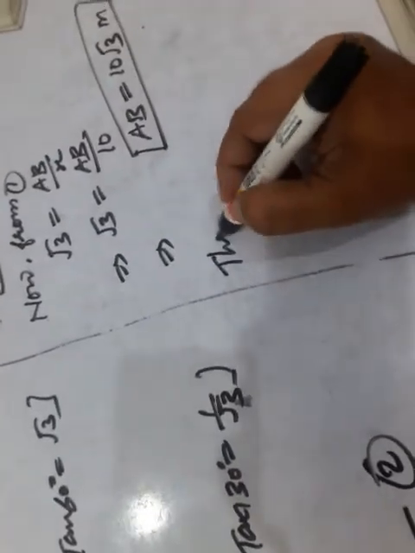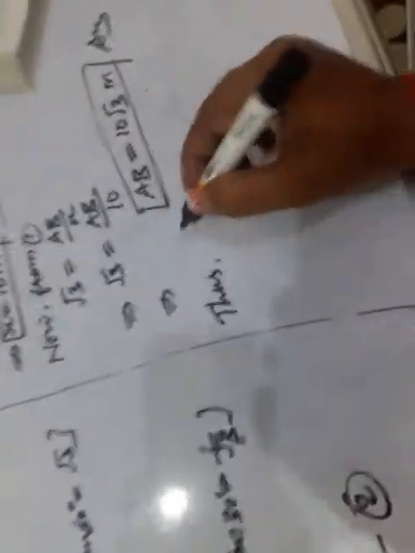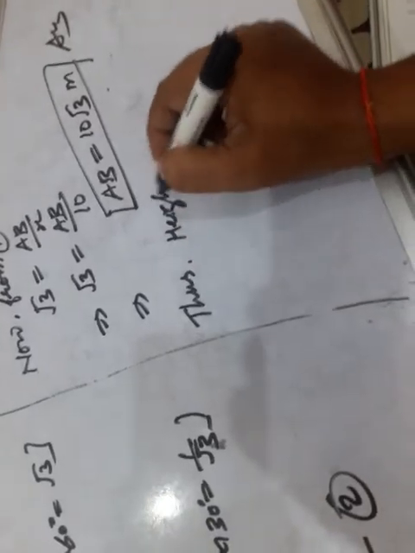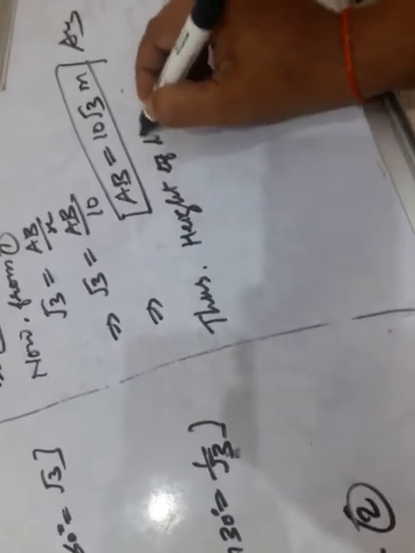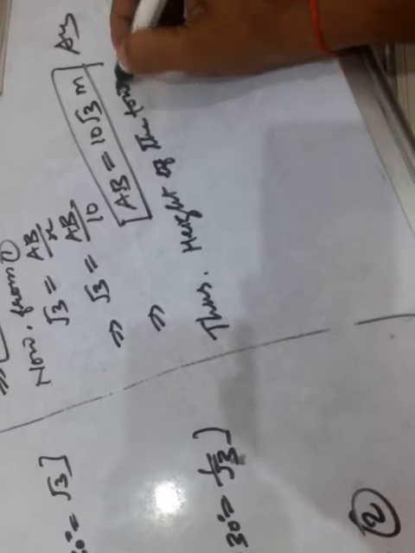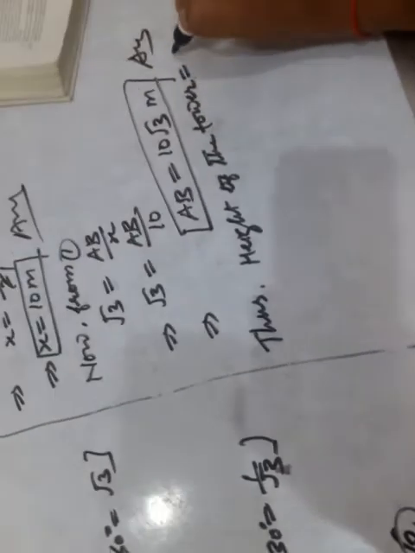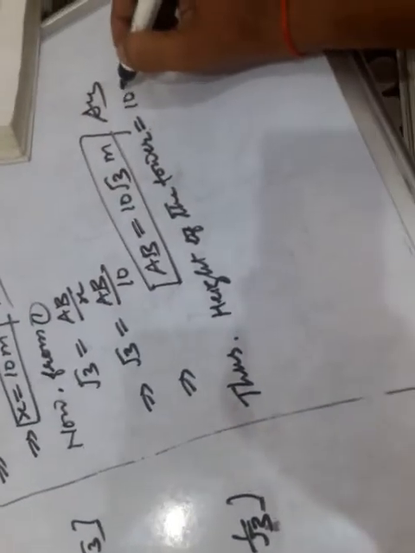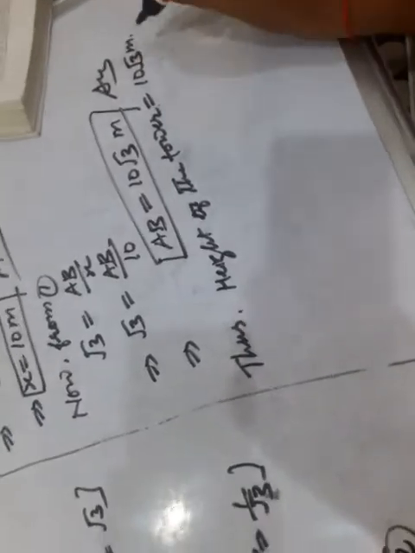So you can write thus: the height of the tower equals 10 root 3 meter. Clear?